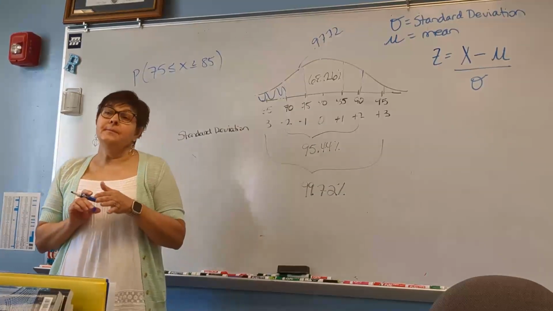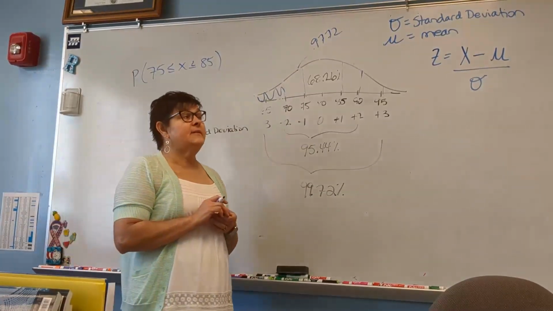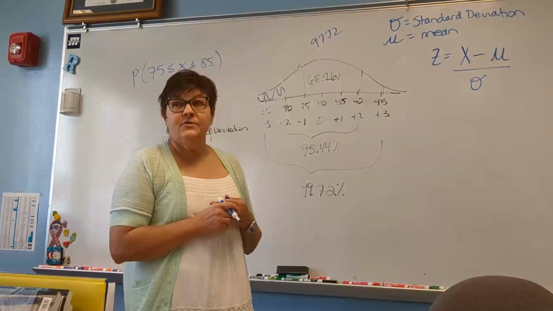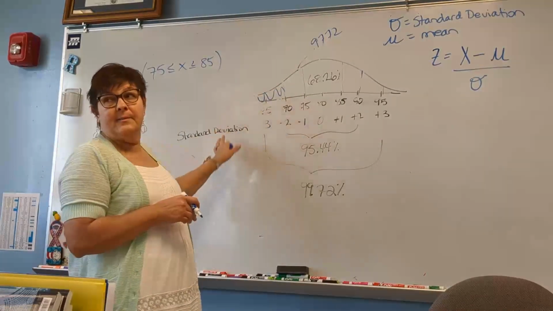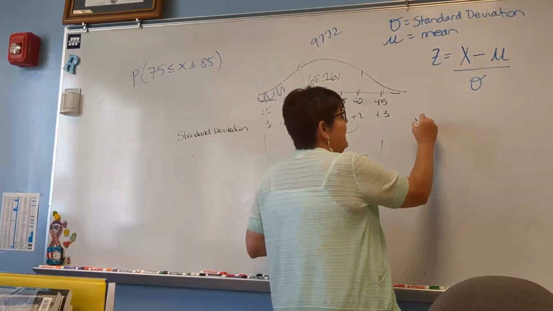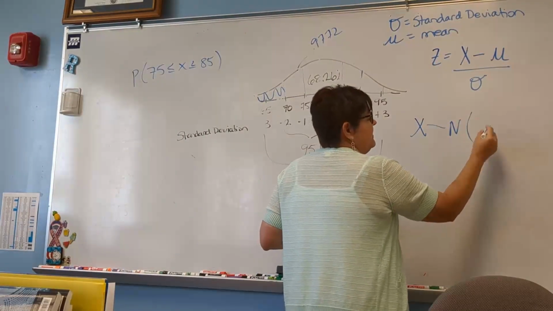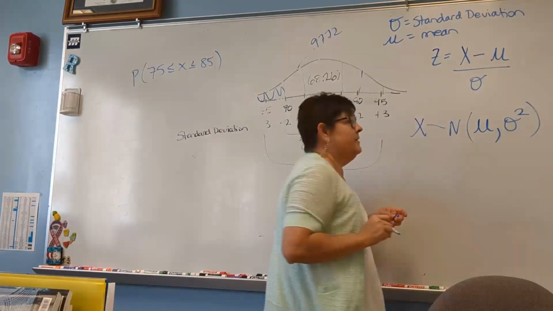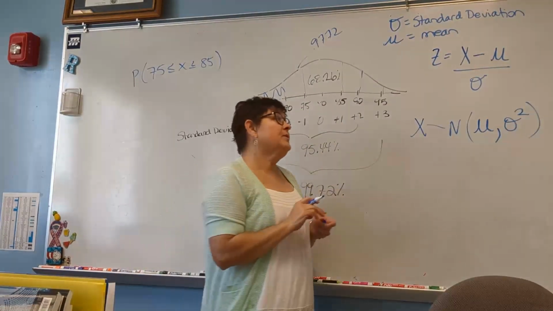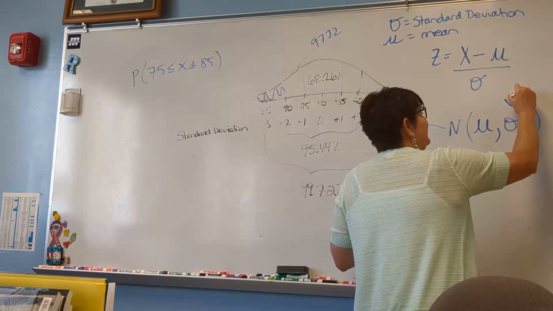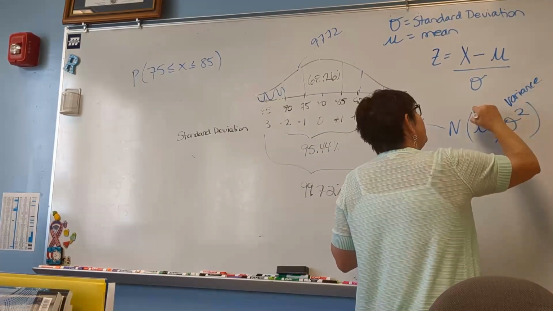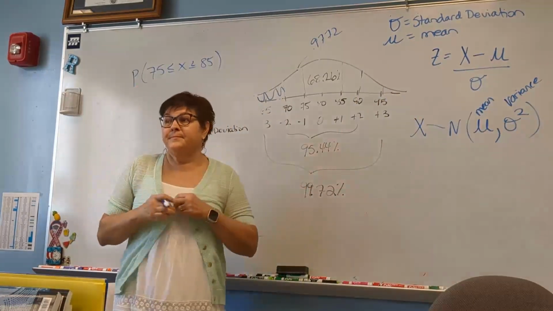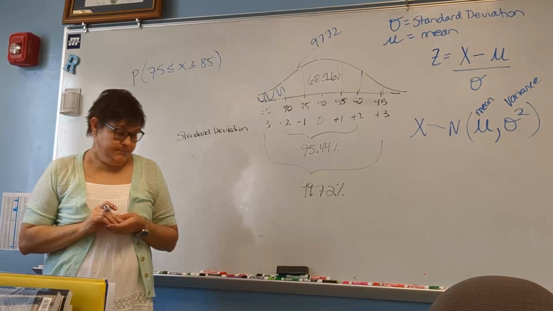Okay, normally what's going to happen is I'm going to say, listen, I'm giving you information and it's normally distributed. Normally distributed means it looks like it should fall in a bell curve. And oftentimes, they're going to make it look like this. They're going to give you a mean, and then they're going to give you the standard deviation squared, also known as the variance, right? So the mean and the variance. Usually that's what they'll give you.